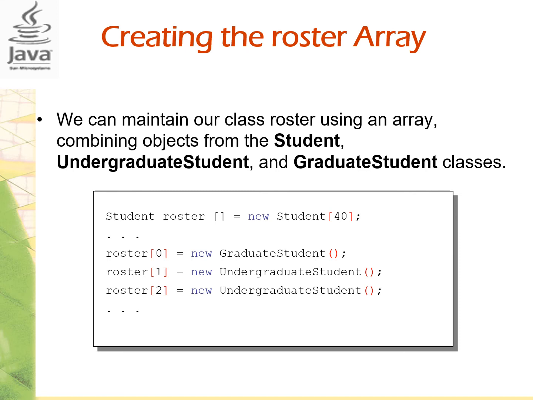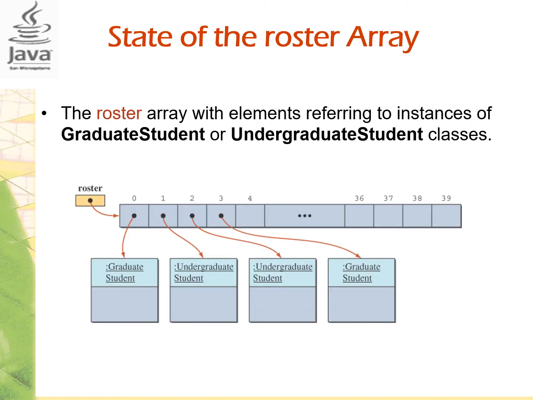You can do that in an array. So let's say you have an array called roster, and there are 40. You can have a variety of objects from the subclasses. That is allowed.